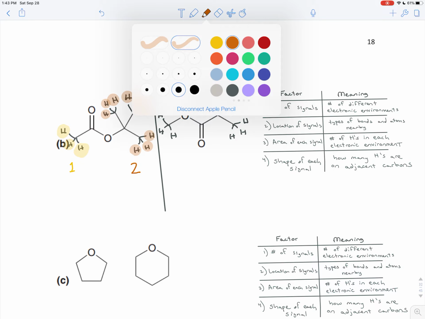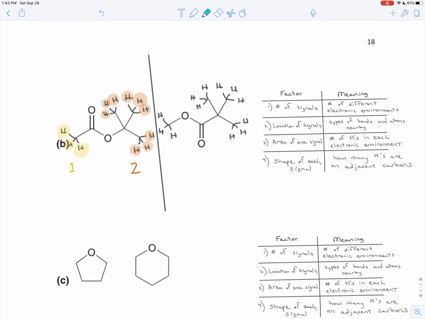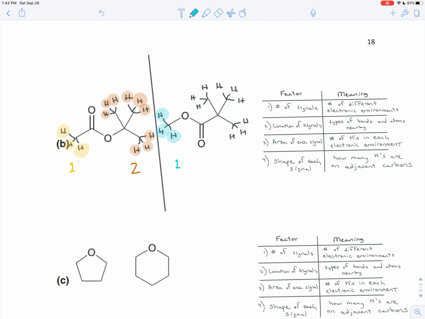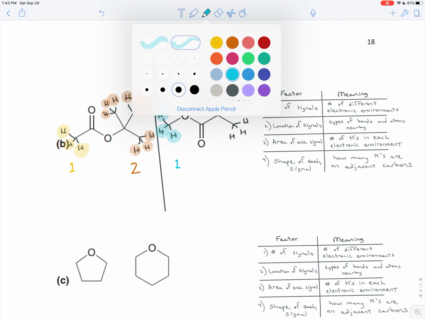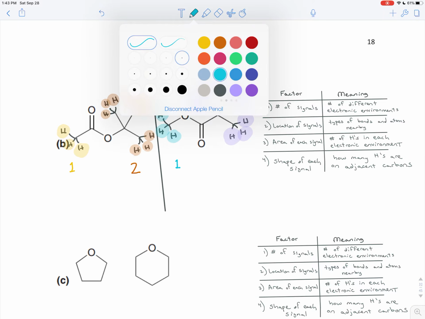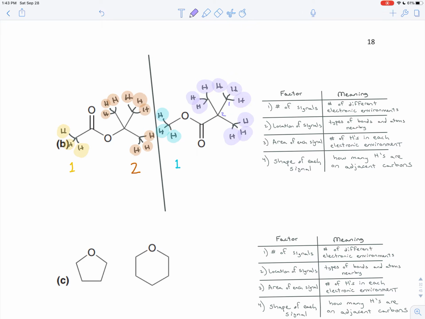If you compare that with this next one, and I'll use 2 different colors too, so we don't mix them up. These hydrogens are in one environment. It's our first electronic environment. They're alpha to an ester. And then on the other side, all of these hydrogens are in the same electronic environment. Now, not as the blue ones, they're in the same electronic environment as each other, because they're all 1, 2, 1.